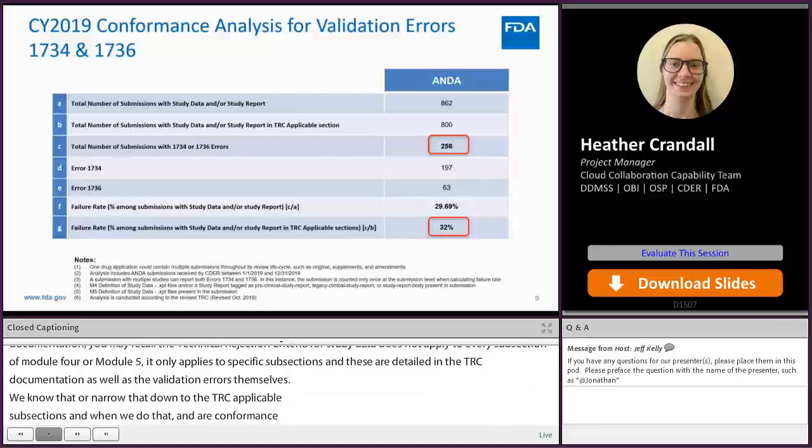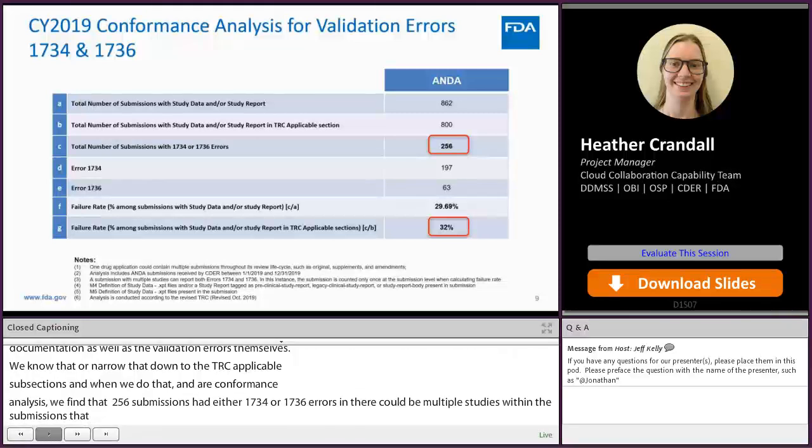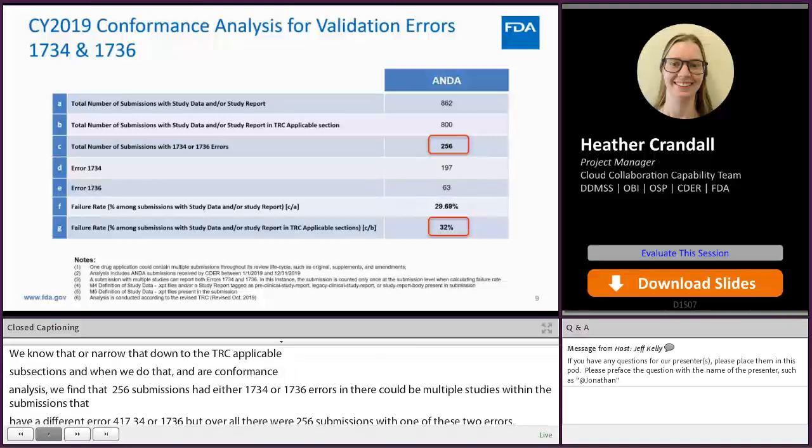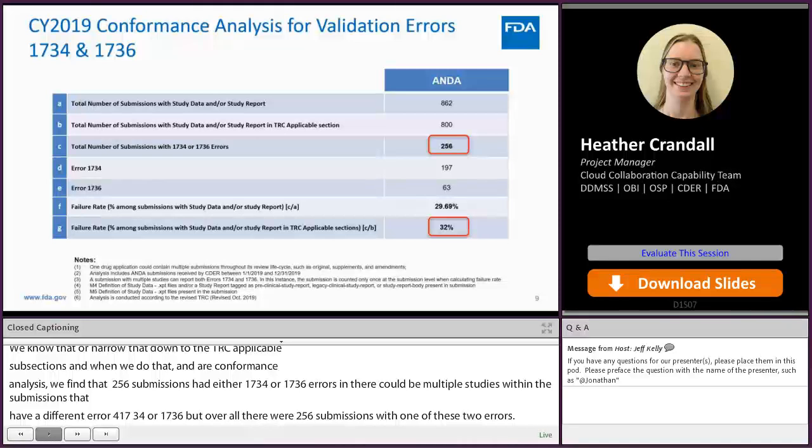There could be multiple studies within these submissions that have different errors for 1734 or 1736, but overall there were 256 submissions with one of these two errors. And that comes out to be about a 32% error rate of the submissions that had study data in TRC applicable sections.